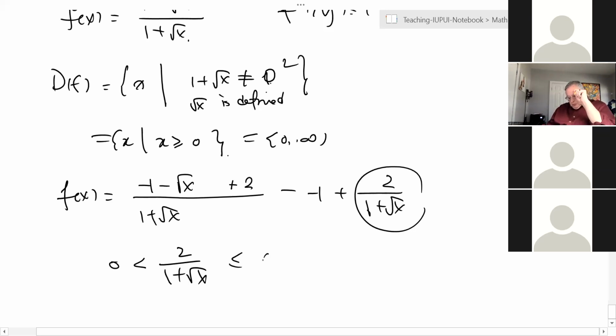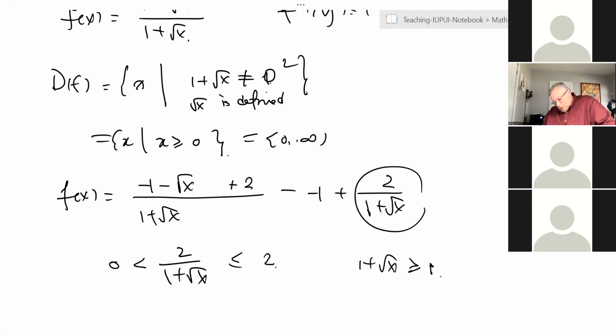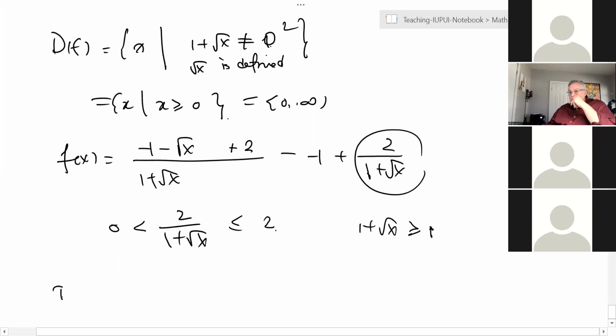But this is always less than or equal to 2, the reason being 1 plus √x is greater than or equal to 1. So now it's clear, the second part is a number between 0 and 2. So for the range of f, when this one is getting close to 0, it's going to be -1.